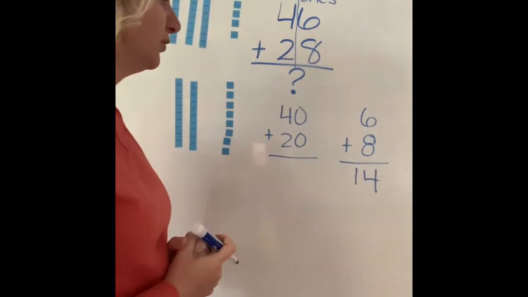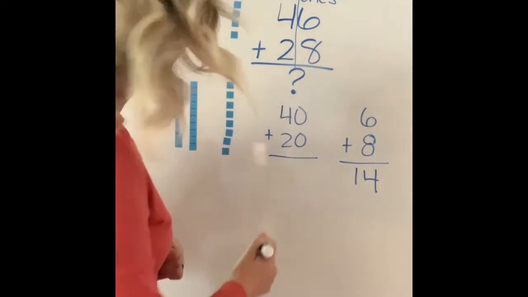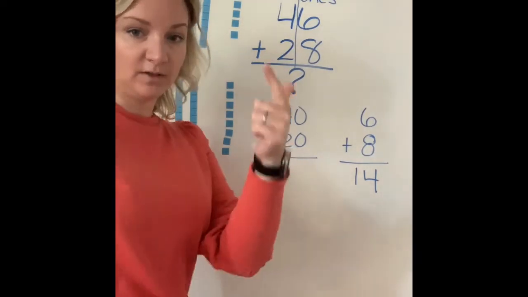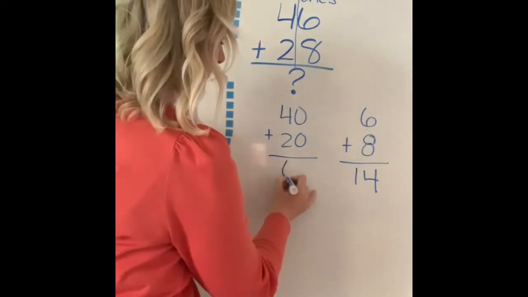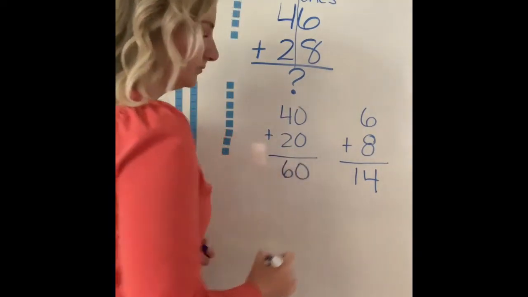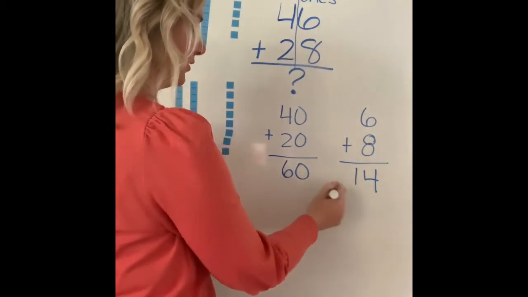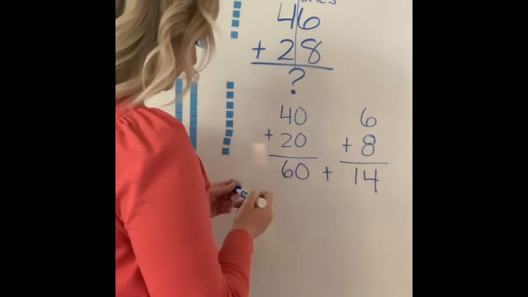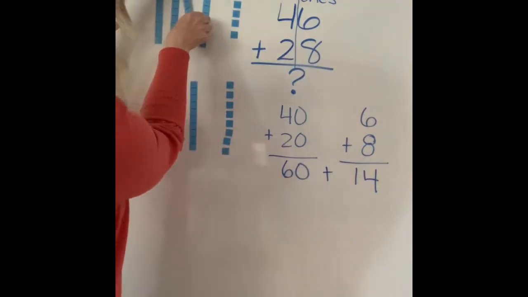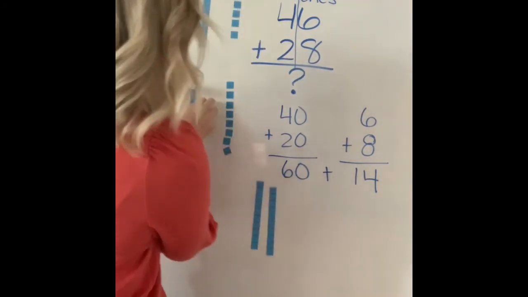If I add 40 plus 20, I have 40, 50, 60. I have 60. So now I need to add 60 plus 14. So that would look like this.